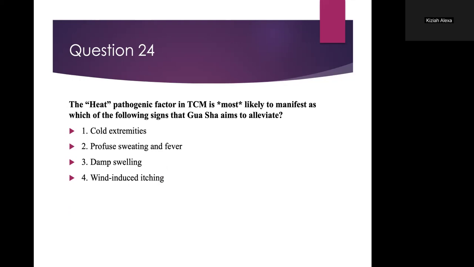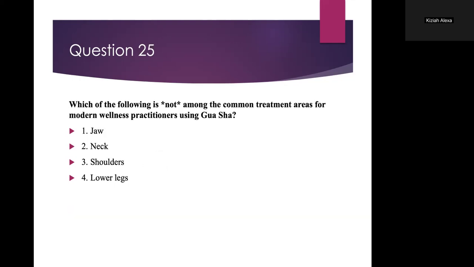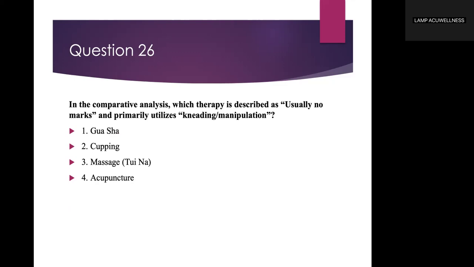Heat, so this is profuse sweating and fever. Which of the following is not among the common treatment areas for modern wellness practitioners using Gua Sha? The lower legs. Yeah, mostly kasi sa ano siya, di ba? Rarely lang ginagamit sa lower legs. Imagine gamitin mo sa leg then sa mukha na naman.